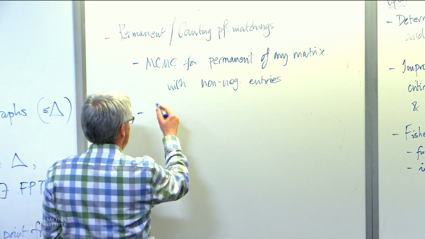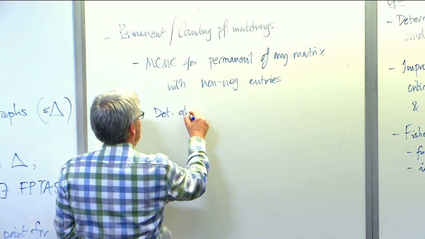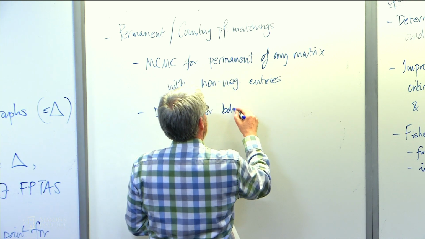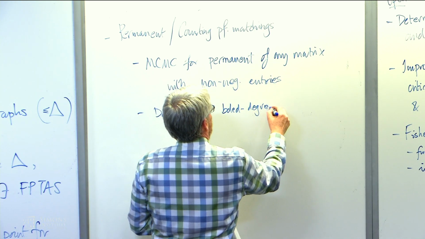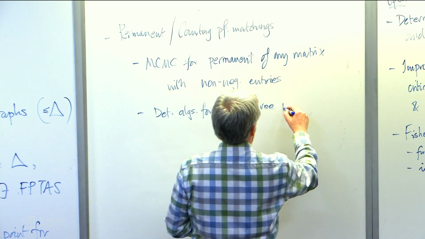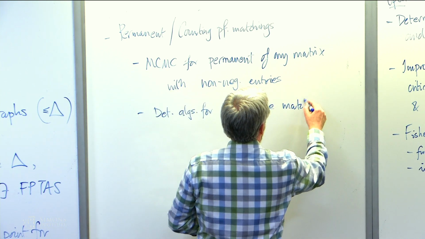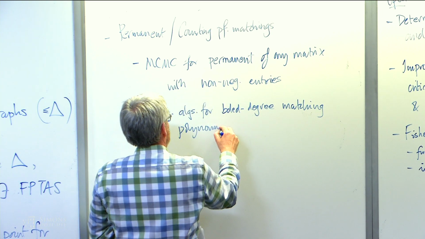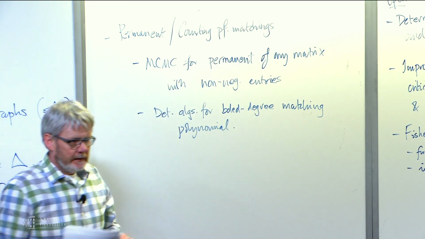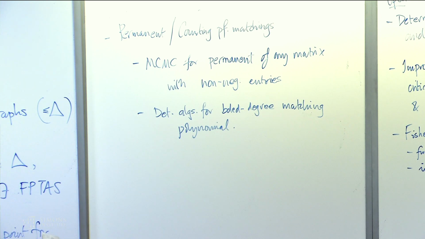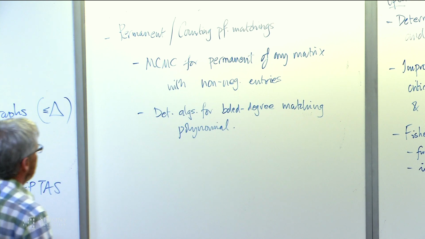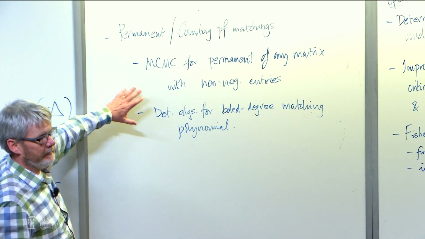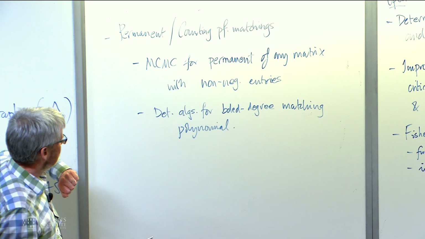So we have deterministic algorithms for the bounded degree matching polynomial, not the permanent. And so, what can we do about the permanent deterministically? You have heard quite a bit already.